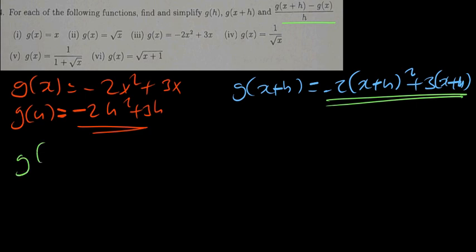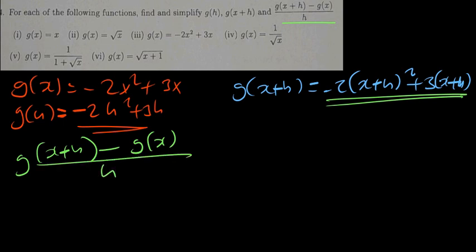g of x plus h, you say g of (x plus h) minus g of x, of which this is a formula for calculus now. Negative 2, where there is x, just put everything here.